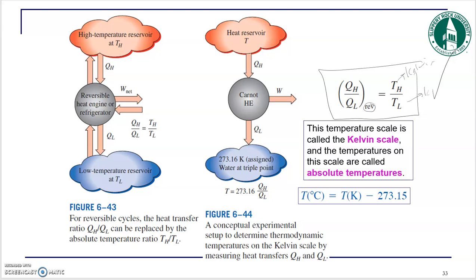So the ratio of the heat transfer from the high temperature source to your system over the heat transferred between your system and the low temperature sink is equal to the temperature of your high temperature reservoir over the temperature of your sink. So you have to use the Kelvin temperature, and if you have temperature in degrees centigrade, you have to convert it to Kelvin by using this equation.